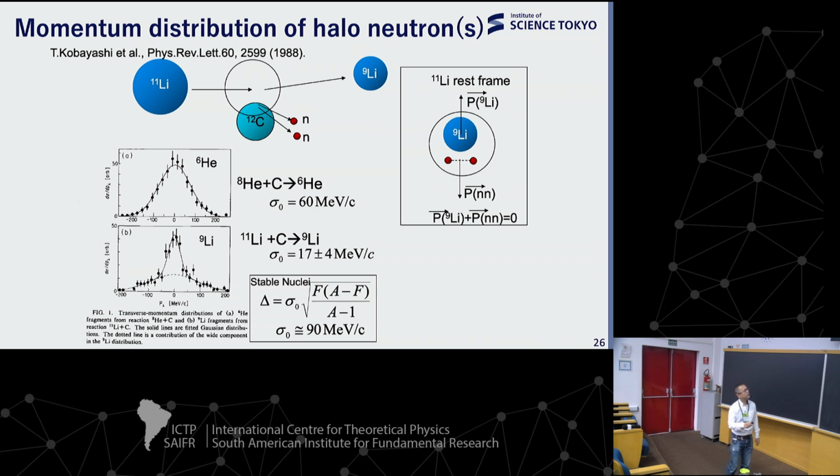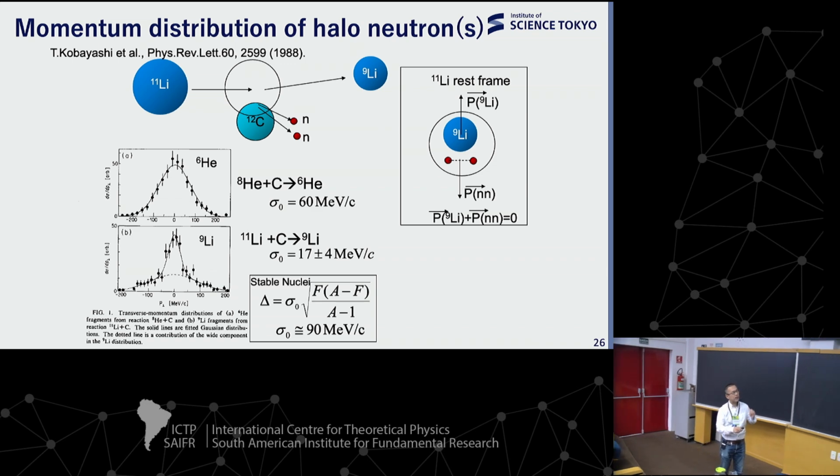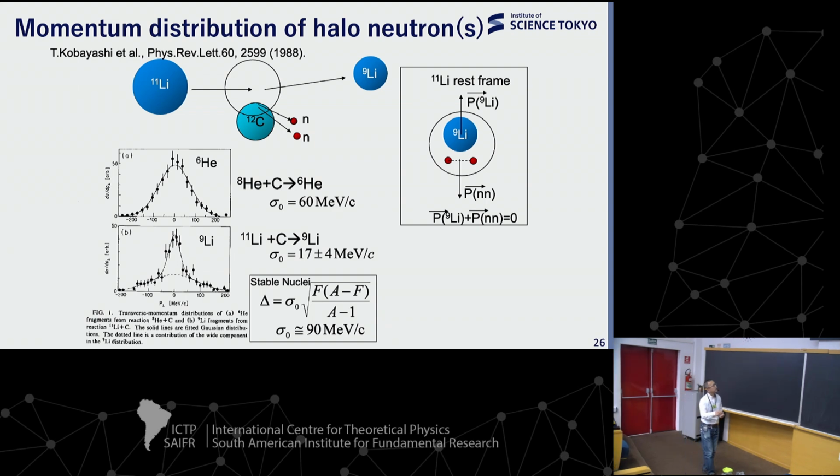So if you look at the lithium-11 rest frame, or even without the rest frame, for the vertical direction, this momentum is equal to the momentum of this one in amplitude, okay? In this case, this lithium-9 momentum distribution was like this.